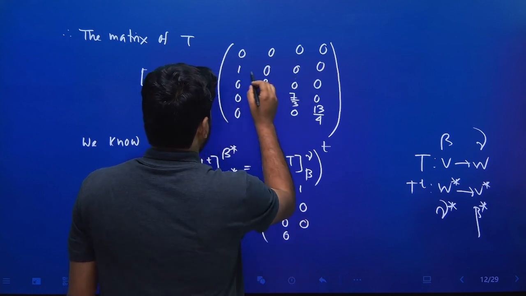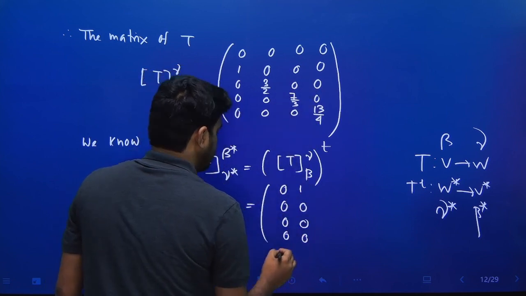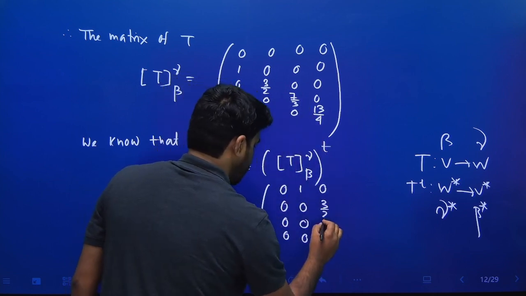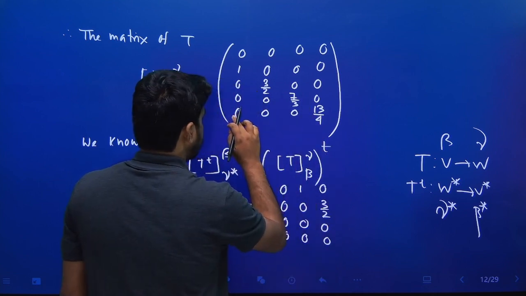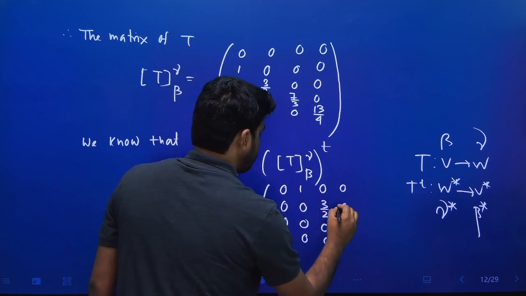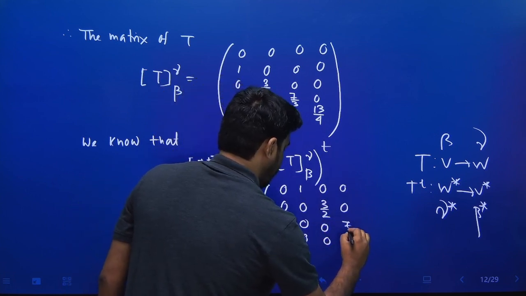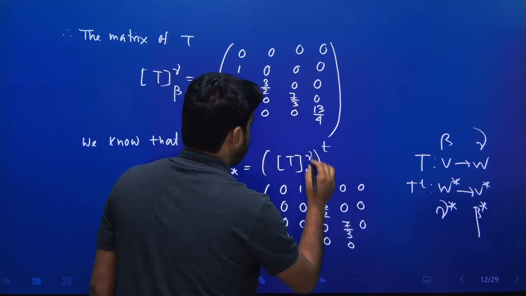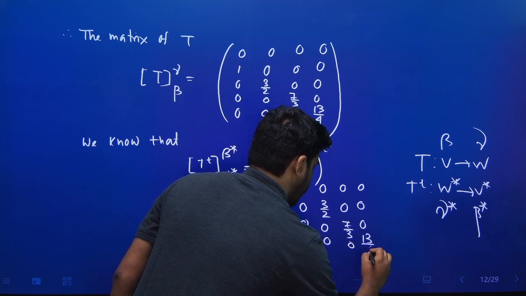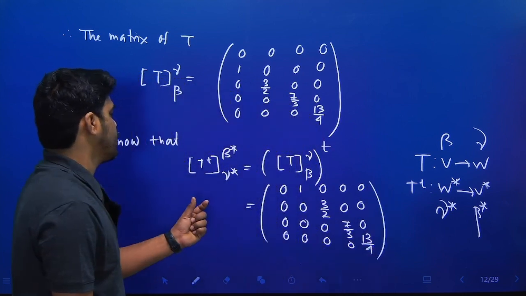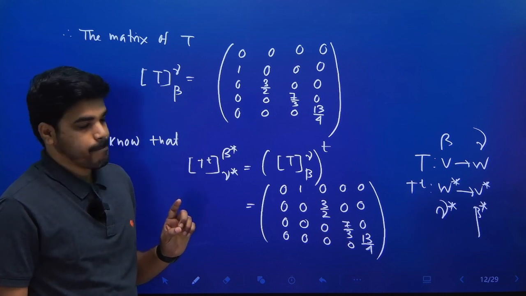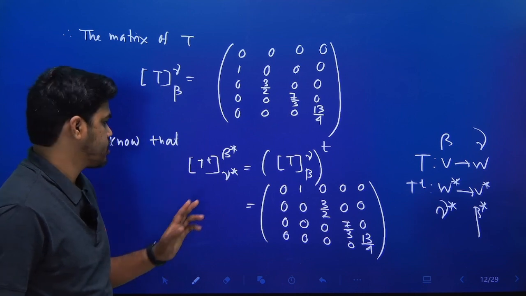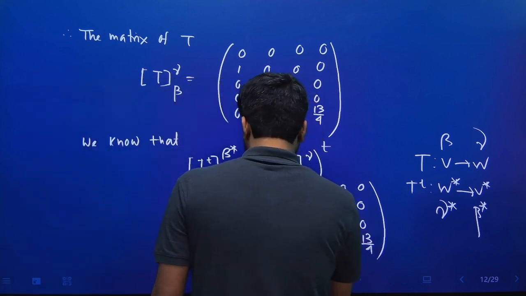Okay, 1 0 0 0 1 0 0 0 0 3 by 2 0 3 by 2 0 0, next 0 0 0 0 7 by 3 0, next 0 0 0 13 by 4. This is the transpose of T with respect to the dual basis gamma star and beta star. Okay, so this is the answer.